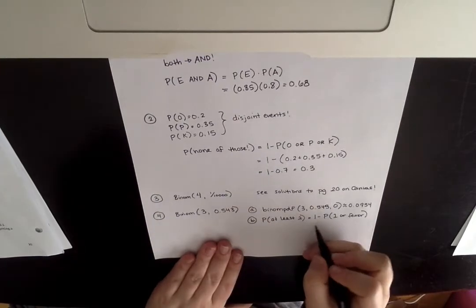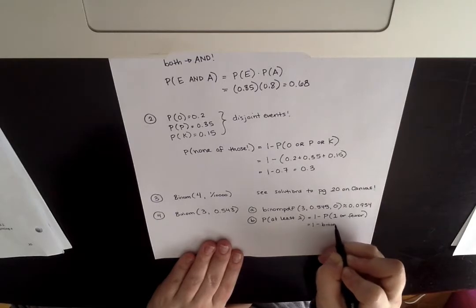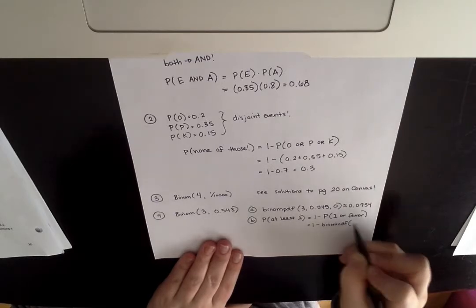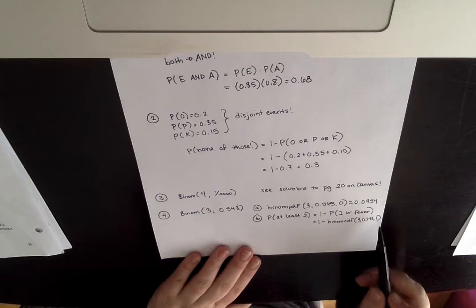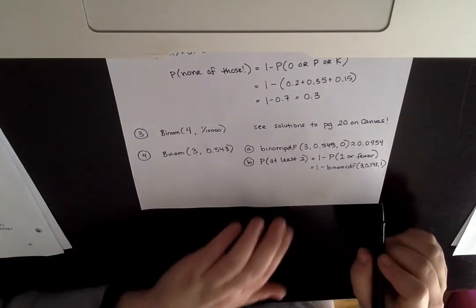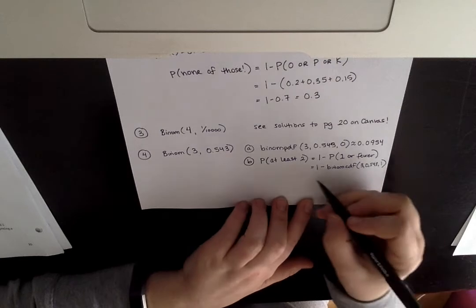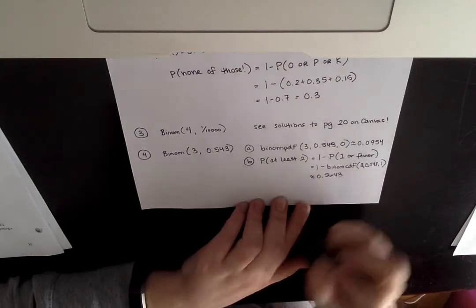The way that we do that is we would take 1 minus the binom CDF with 3 people, 0.543, and 1. So this takes 1 and 0 away, and we're left with only 2 or 3. And if you stick that in the calculator, you'll get 0.5643.